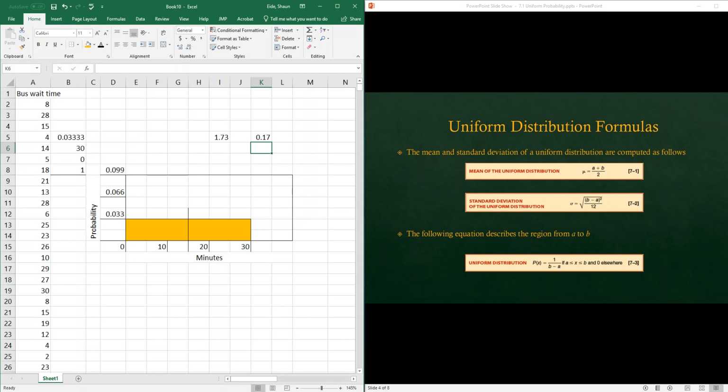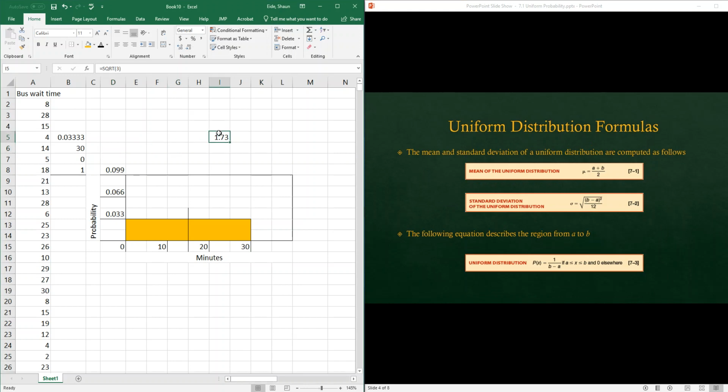So 2 to 3 minutes, 3 to 4 minutes, 4 to 5 minutes, 5 to 6 minutes, 6 to 7 minutes, and then 7 to 8 minutes. You have a 17% chance of being in any one of those uniform distribution channels. Okay, so let's take a look at this in Excel.